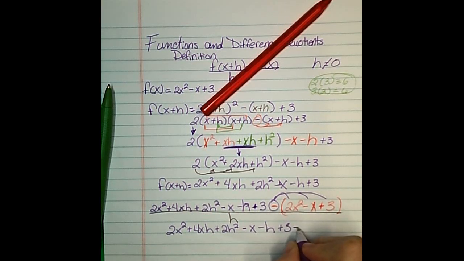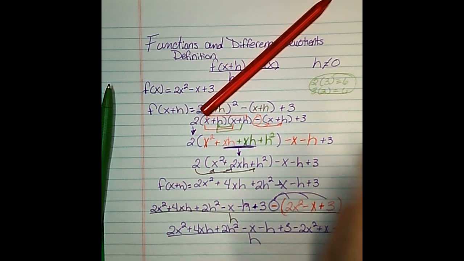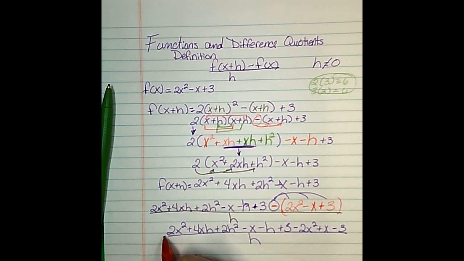Negative times positive is a negative. Negative times negative is a positive. Negative times positive is a negative. All divided by h. And what I'm going to do is go through here and mark out any like terms, and then I can reduce. So I see that I have a 2x squared and a 2x squared here, and this is a negative and a positive, so they go to 0. xh, no other xh. h squared, no other h squared.